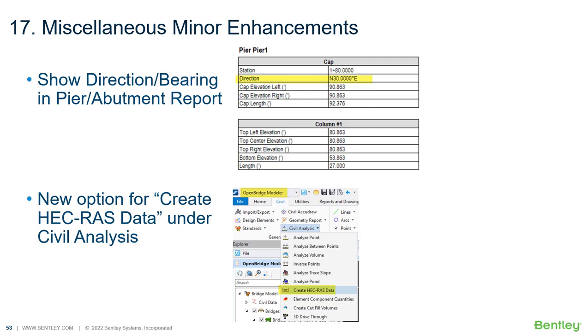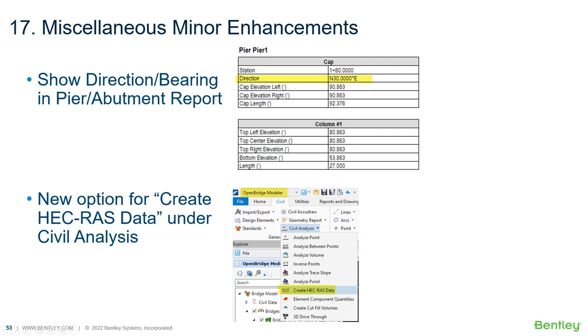In the 2022 release 2 version, there are some other minor enhancements. One is it does show direction of bearings in the pier abutment report. Also, we can see civil analytical data for HECRAS. There is an option now.